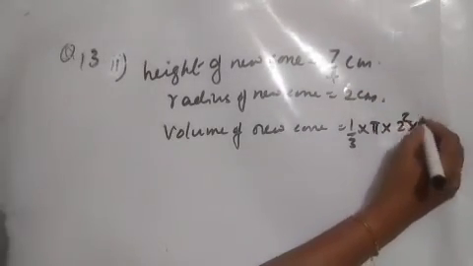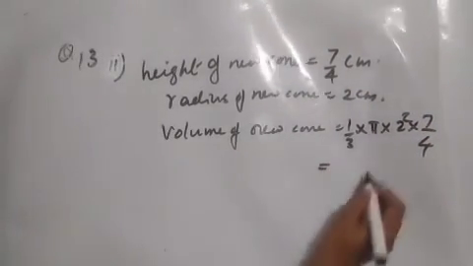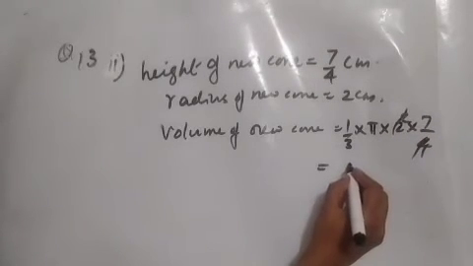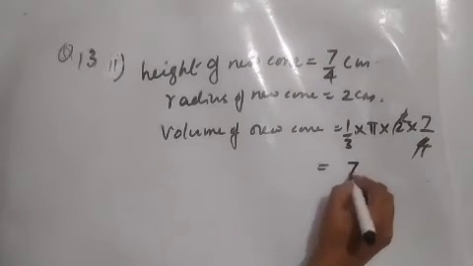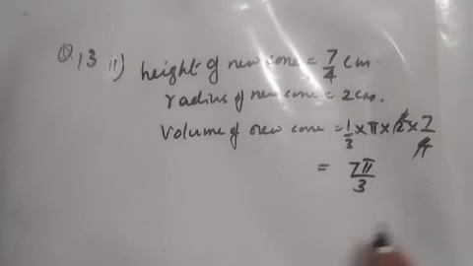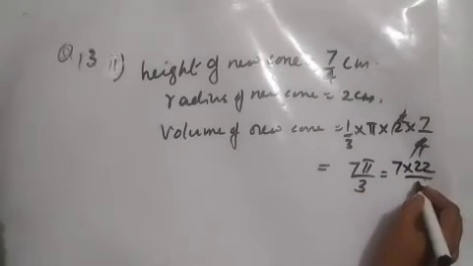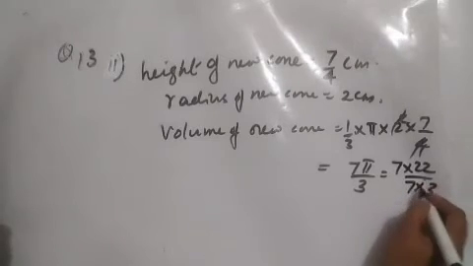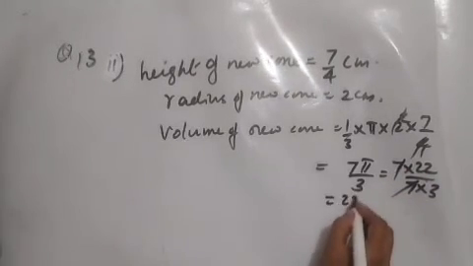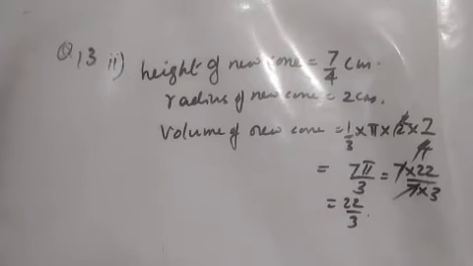2 square into 7 by 4. 2 square and 4 cancelled. So 7 pi by 3. That is equal to 7 into 22 by 7 into 3. Cancel this. 22 by 3 is the volume of the new cone.